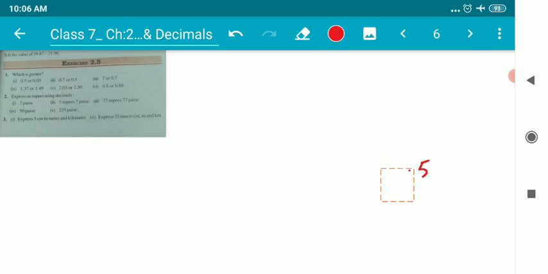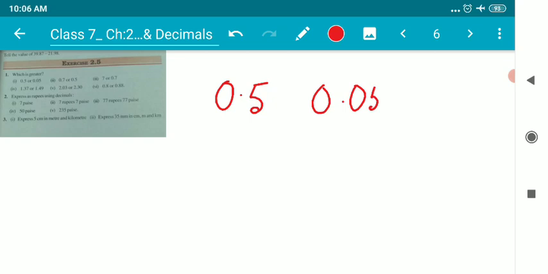Now, if we are asked to compare two decimal values, how will we compare which number is greater and which number is smaller? Children, there is a process of doing it. The easiest one I'm explaining to you all. We will start comparing digit by digit from the left hand side.